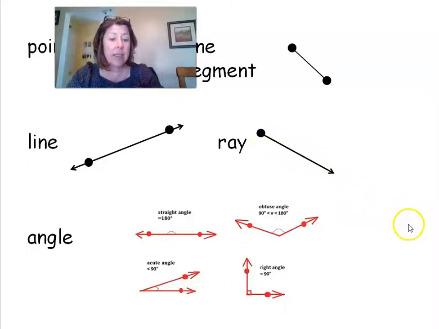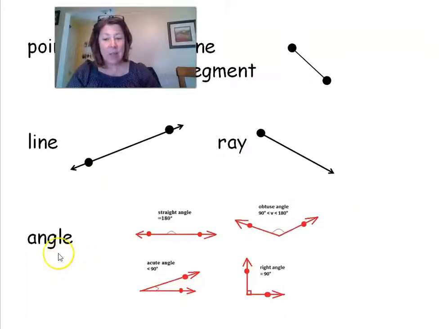And I can keep going and going and going and going and going. But that's the only way I can go. It's like a one-way street. I'm not allowed to go this way. Okay? That's against the law with the ray. So my ray has one endpoint and then it just keeps on going in the opposite direction.